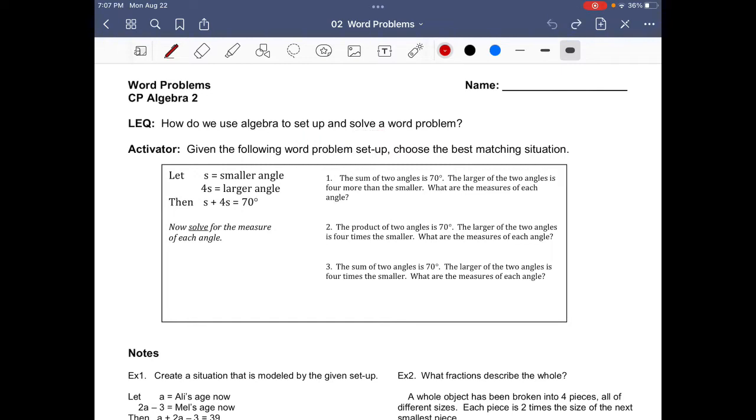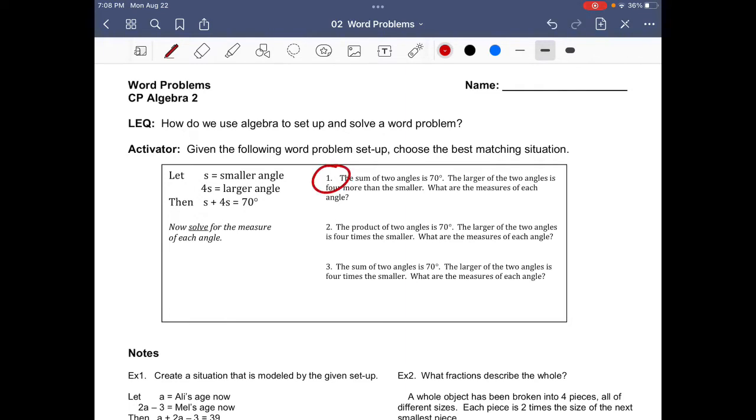As I already mentioned, s is a smaller angle, 4s is a larger angle, and then we see s plus 4s equals 70. So which one of these basically sentences or little statements best match this expression and equation? What do you think about statement 1?